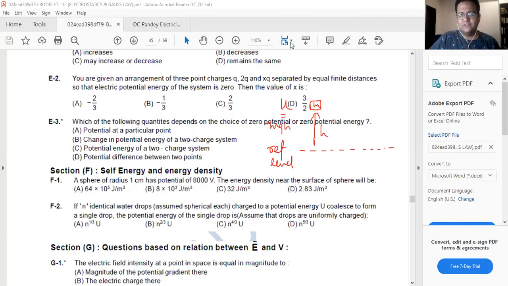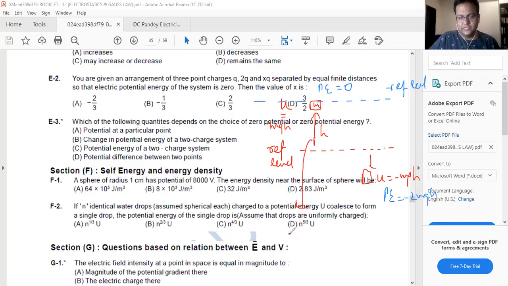But if I change the reference level, then the potential energy of this block can be said to be -mgh, with this reference level. So if I change the reference level, the value of the potential energy will change. If I assume this as the reference level, then its potential energy becomes 0 and this one becomes -2mgh. But if we find the potential difference, it will be the same in both cases, right?